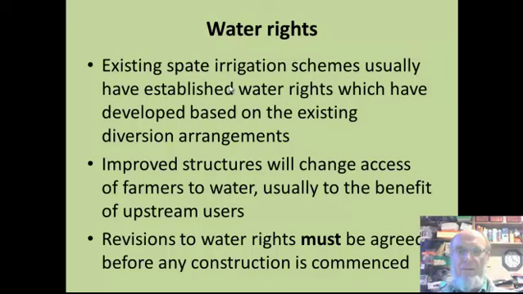And therefore, it's recommended that if there are going to be implications on access to water, water rights should be revised and agreed before any construction is commenced. Because once the structures are built, the upstream farmers will probably not agree to any changes.